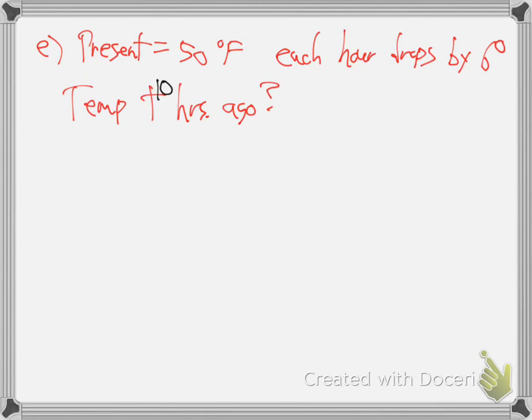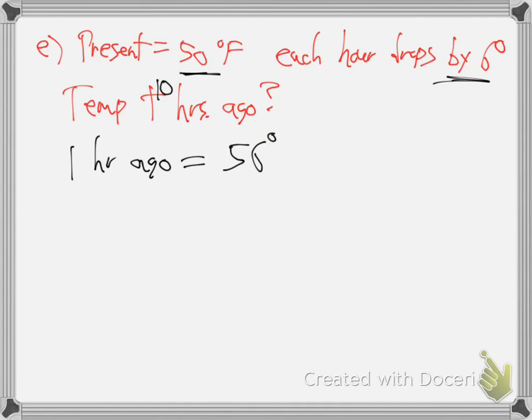If it's 50 now, it's been going down 6 every hour. What was it 1 hour ago? How about that? Let's just start there. What was the temp 1 hour ago? It must have been 56, huh?